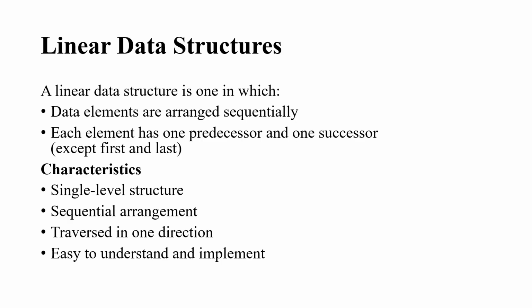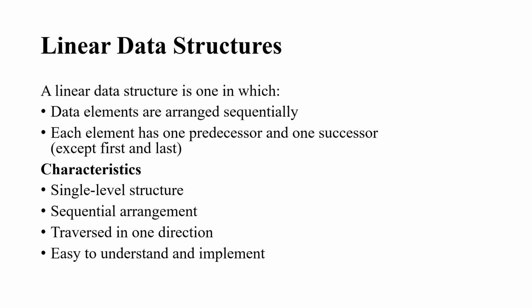Now the linear data structures definition: in a linear data structure, data elements are stored sequentially, or arranged sequentially. Each element has one predecessor and one successor, except for the first and last. When it comes to characteristics, we have a single level structure, and it has a sequential arrangement of elements.